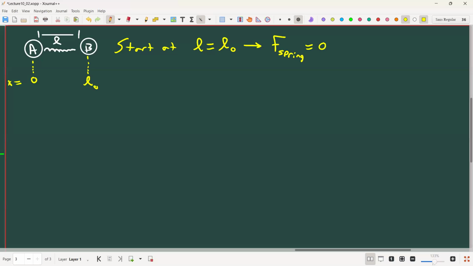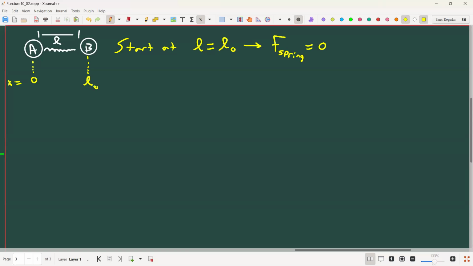Let's say I stretch it so that I double the length to 2L naught, and let's say I have some restoring force that the spring has at 2L naught. Now let me quadruple the length, so let's say I go from 2L0 to 4L0. I've doubled the length of it again, so now it's 4 times originally as long. The restoring force is twice as much as I had at 2L0.